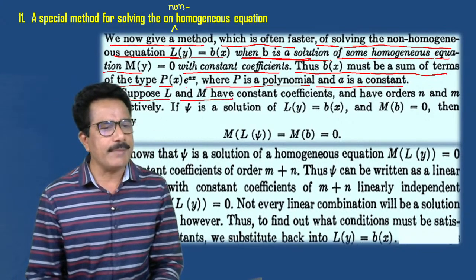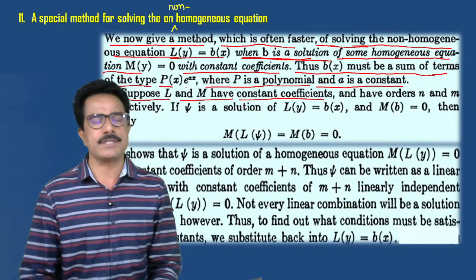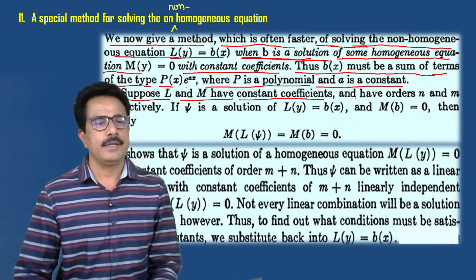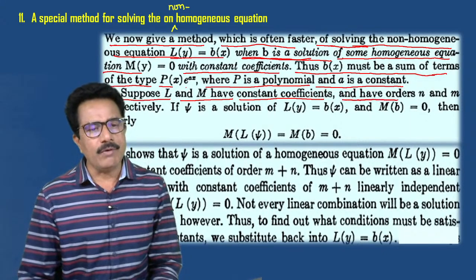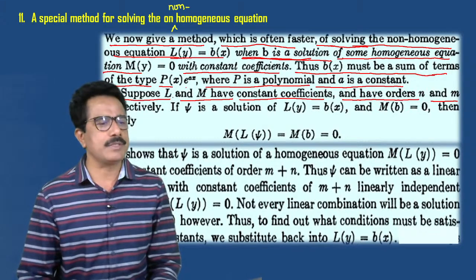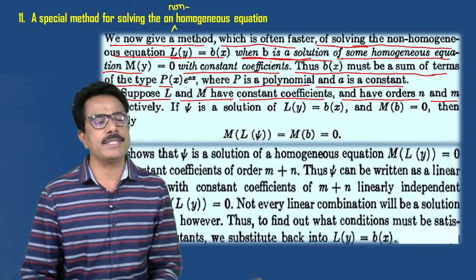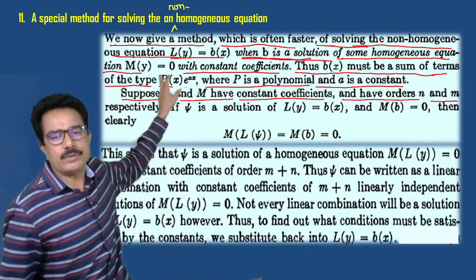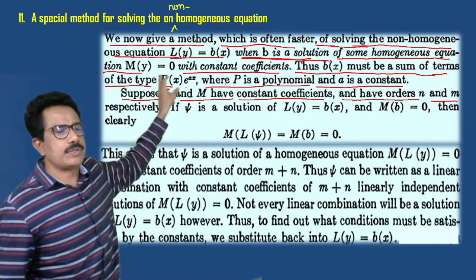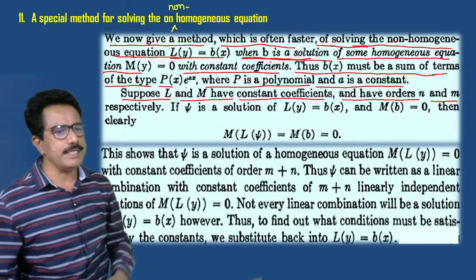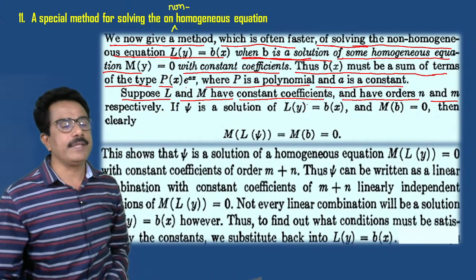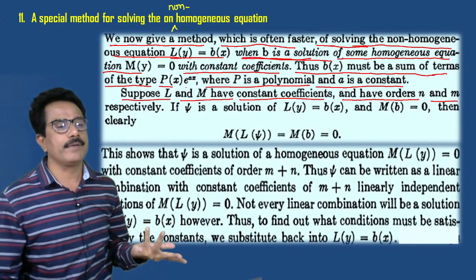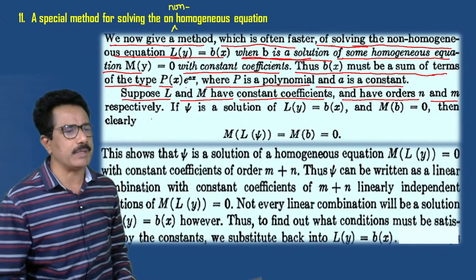Suppose L and M have constant coefficients and have order n and m. Suppose L is a constant coefficient differential equation, M is also a constant coefficient differential equation, according to this condition. The order of L is n, the order of M is m respectively.